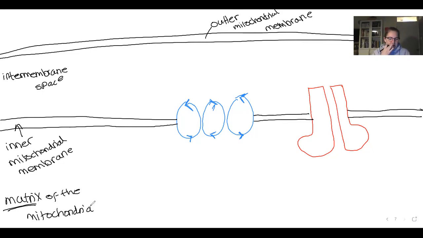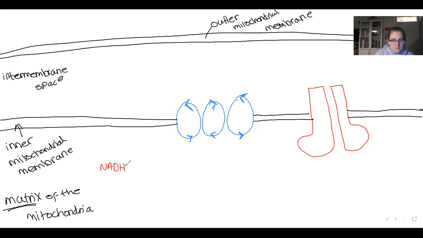Okay, so what happens here is oxidative phosphorylation, and I'm going to go through how it works. Hydrogen atoms are released from the reduced NAD and reduced FAD that we've collected from all those previous stages. I'm showing one molecule of NADH, but there'll be lots of molecules from before.